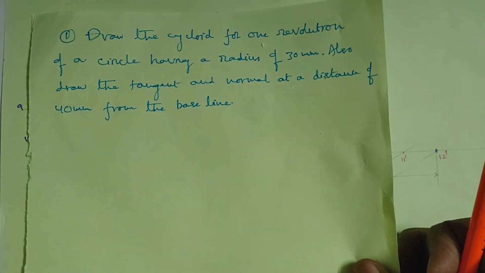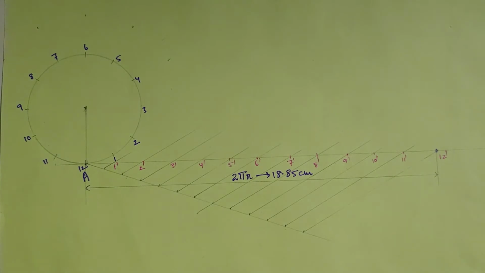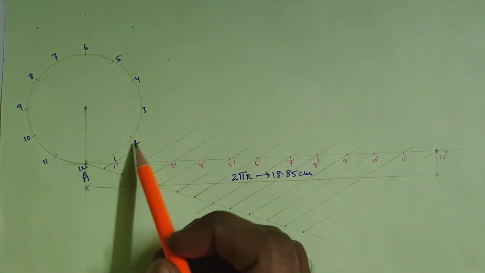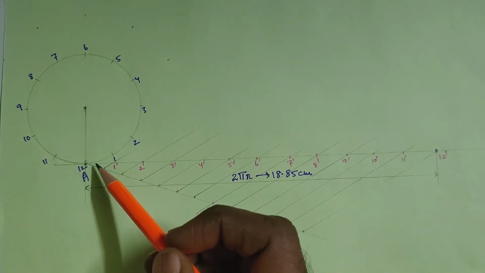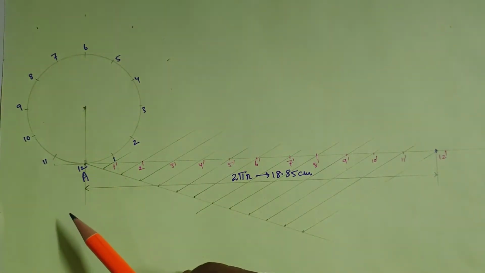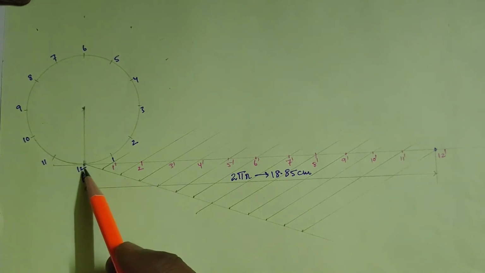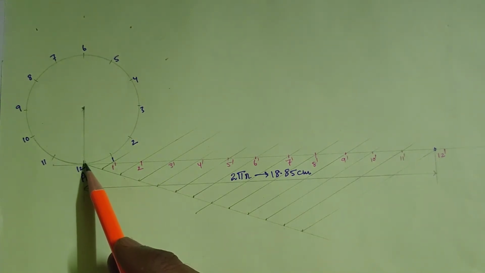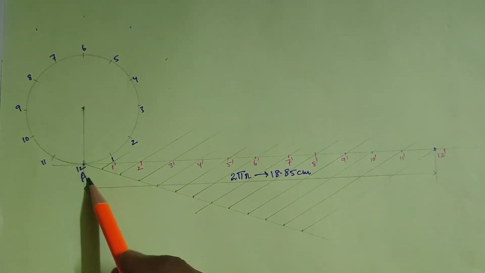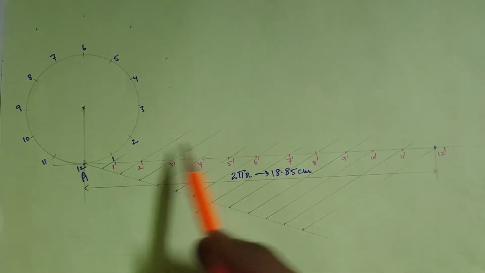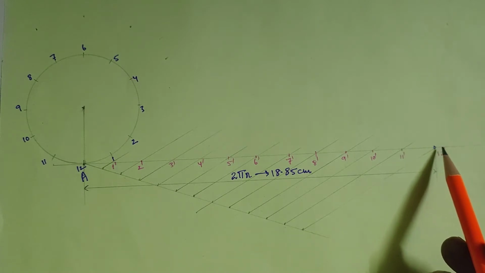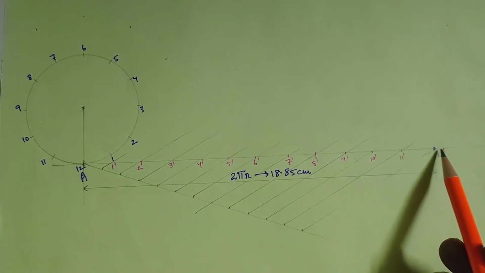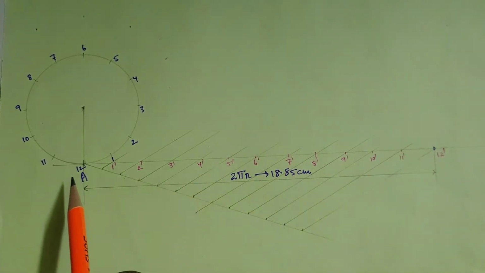So as a first step, this is the circle which is drawn having a radius of 30 mm, and we need to draw the path traced by this particular point A for one revolution. For one revolution, the length which is going to be moved by the circle will be equal to the perimeter or the circumference of the circle.